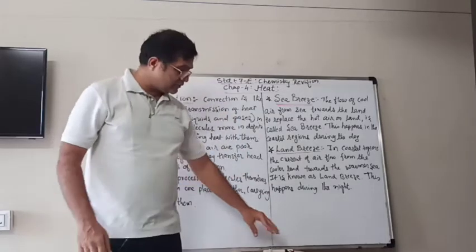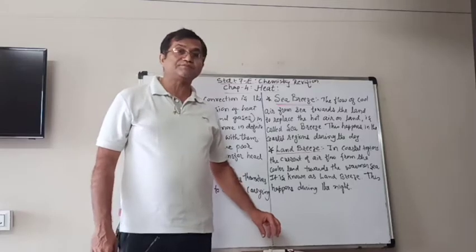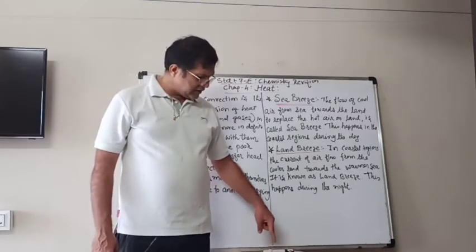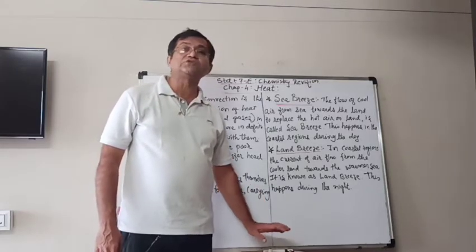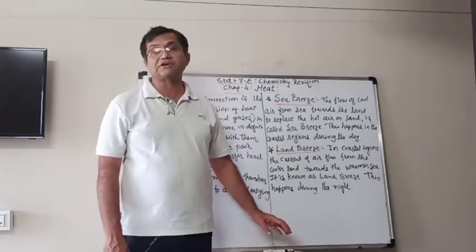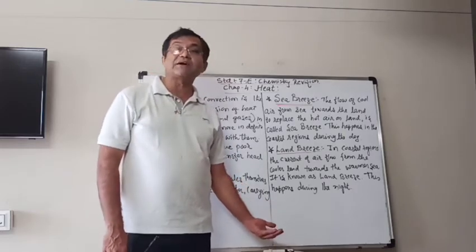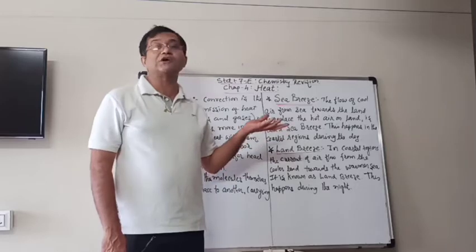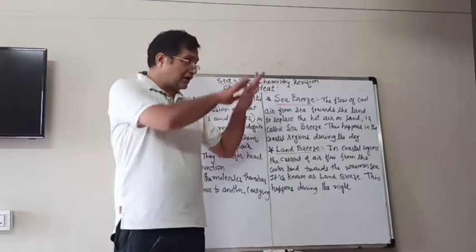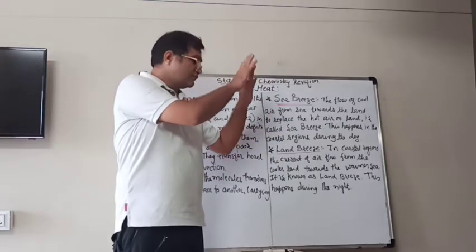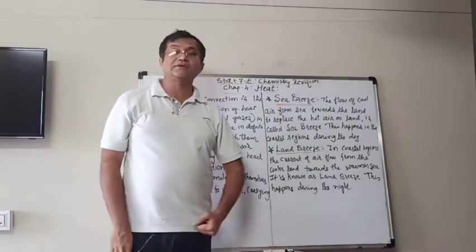You will see that when the candle is lighted, the air closer to that flame gets hotter, and hot air becomes light and moves up, and then the cooler air goes down towards that.